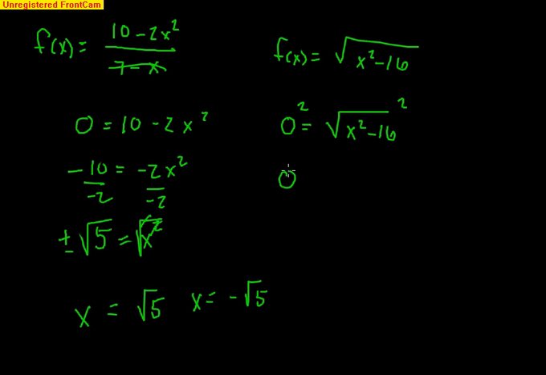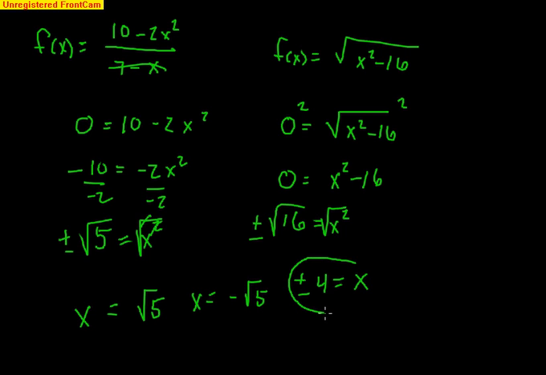So that gives me 0, because 0 squared is 0, equals x squared minus 16. Add the 16, I get 16 equals x squared. Take the square root, but once again, I added that square root, so I got to put a plus or minus there. And the square root of 16 is a perfect 4, so I get plus or minus 4. So I get two answers here as well, either positive 4 or negative 4.